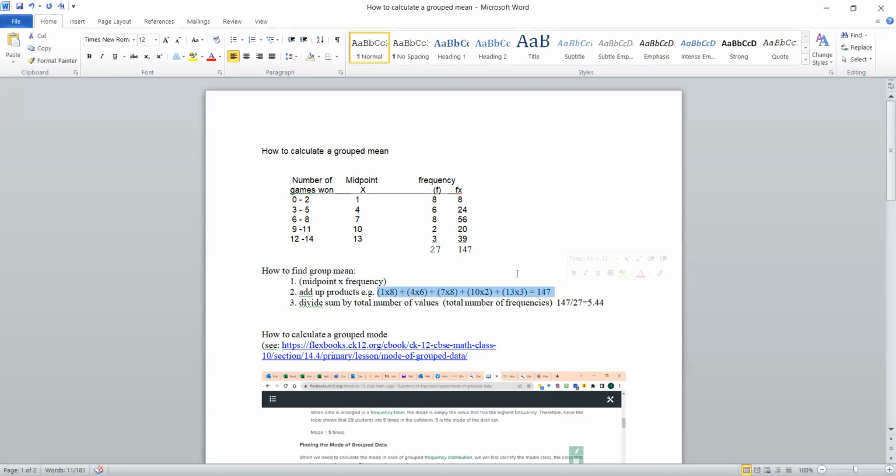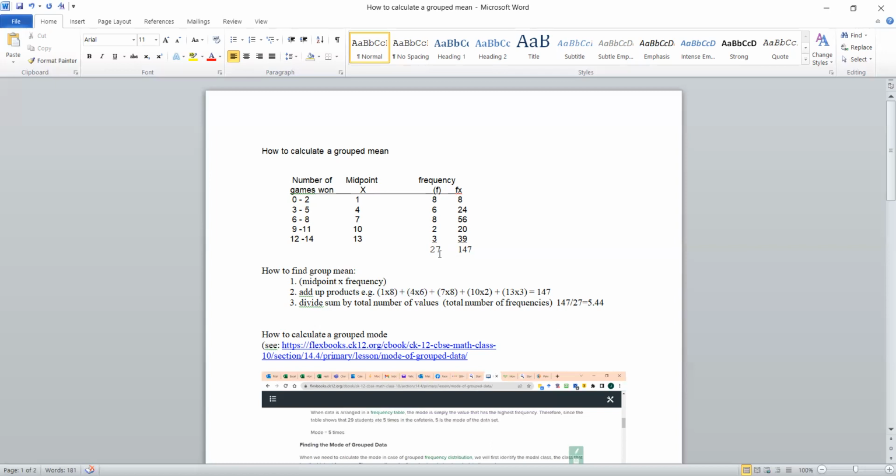Okay. Now the next thing I want to do is divide my sum of products by the total number of values. By that I mean the total number of frequencies. So let's total the frequency column here, okay? 8 plus 6 plus 8 plus 2 plus 3 is 27.